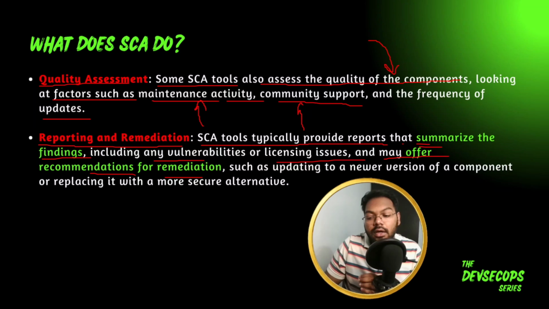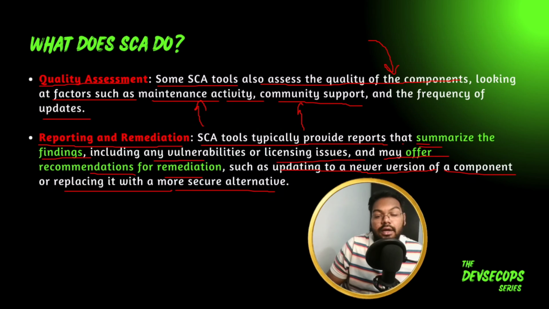As I mentioned, when it suggests a new version to upgrade to, it is showing you a way to remediate the detected vulnerability. That is the case of remediation, such as updating to a newer version of a component or replacing it with a more secure alternative.